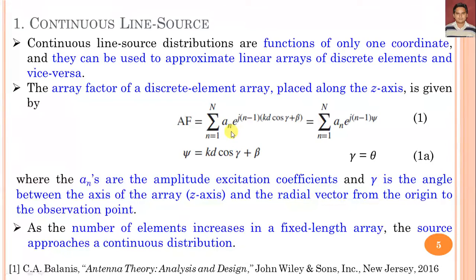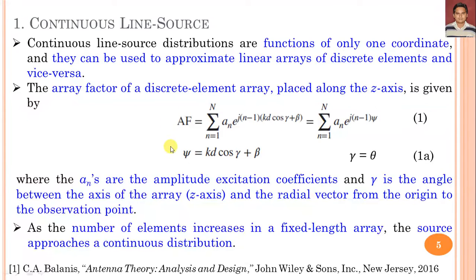With equal spacing, we can get the value of psi, the progressive phase shift, which is equal to kd cos gamma plus beta. In antenna arrays with uniform spacing, we considered gamma equal to theta when putting the discrete elements along the z axis.